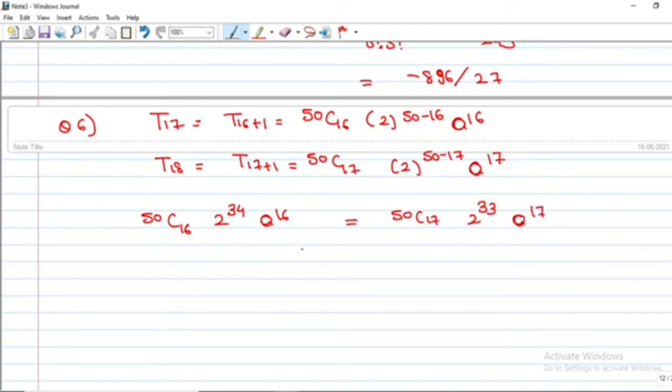Here an a will be left. So you can write this as 50 factorial upon 16 factorial into 34 factorial, and here 50 factorial into 17 factorial into 50 minus 17, which is again 33 factorial, and here a will be left.